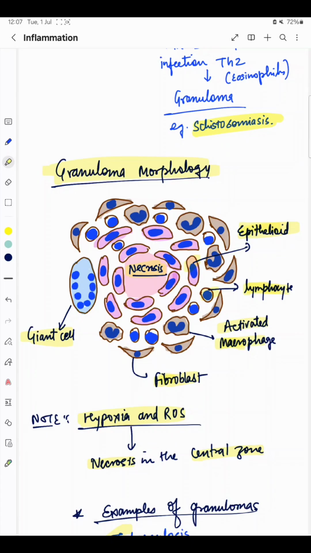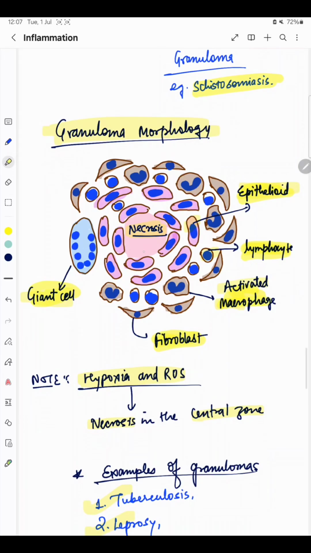A center portion of necrosis is surrounded by epithelioid cells, epithelial-like activated macrophages, with a collar of lymphocytes and fibroblasts, and giant cells are also noted in places. The central necrosis is because of hypoxia and reactive oxygen species.